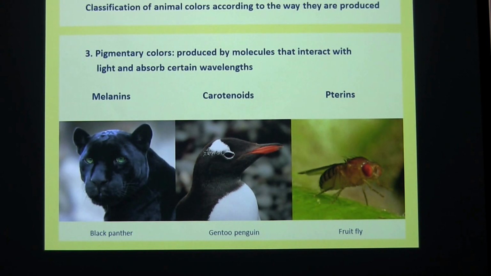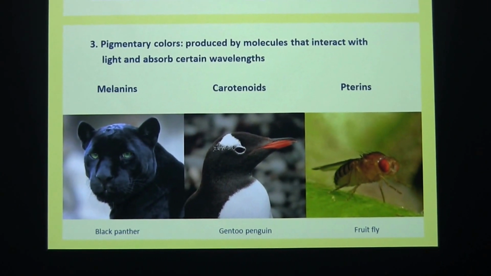Melanins produce black, gray, or brown colors, for example, the black coloration in this panther. Carotenoids produce red, orange, or yellow colors, for example, the red big spot in this penguin. And pterins produce similar colors to the carotenoids, for example, the red eyes of the fruit fly.